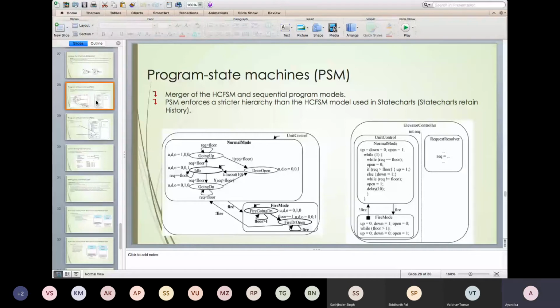You can see here we have again taken the example of our elevator, where we have considered two modes, according to hierarchy: normal mode and fire mode. And inside those modes, we write these sequential steps.